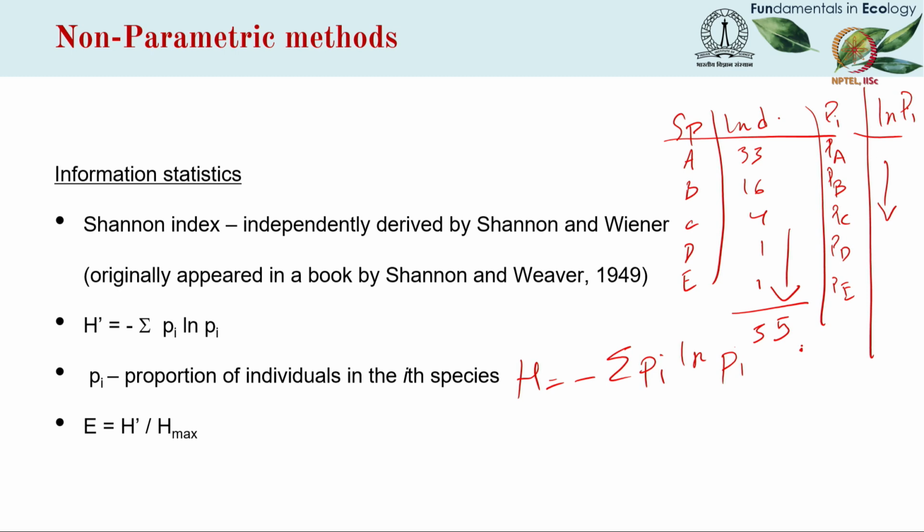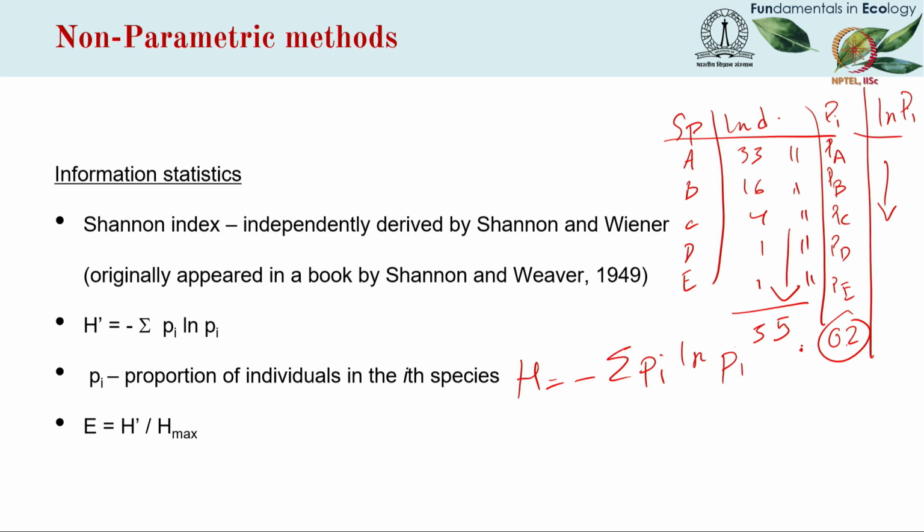But as you can imagine, the proportions of all your species together will be higher if they're evenly distributed. So, in this particular instance, for example, out of these 55 individuals, if they were all evenly distributed, if there were 11 of each of these, and there's 5 species, then obviously the proportion of each of those species is going to be 0.2, right?